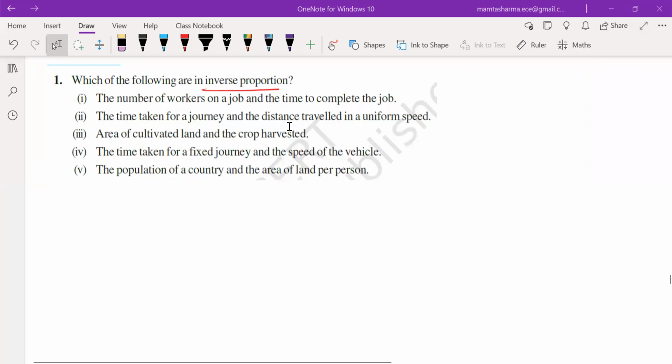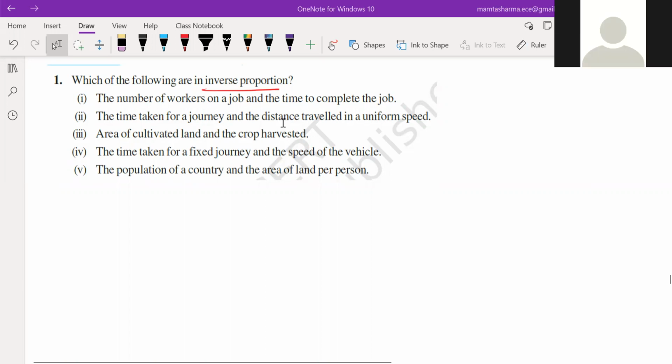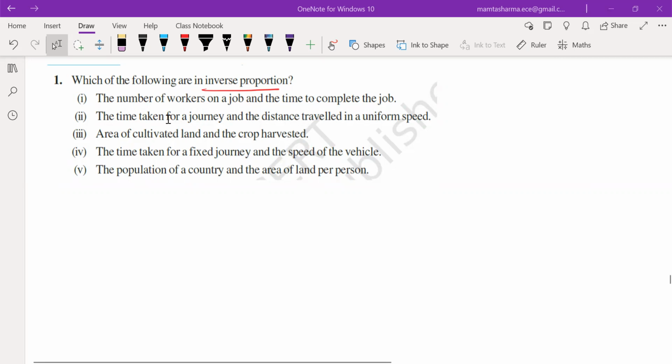If you travel a longer distance, maybe in a train or car or by any means of transport, the time taken for that journey would be more or less? If you have to go to Bangalore and one has to go to Delhi, who will take more time? If distance is more, the time taken would be more.